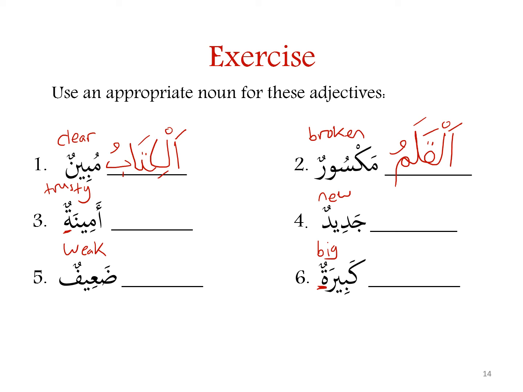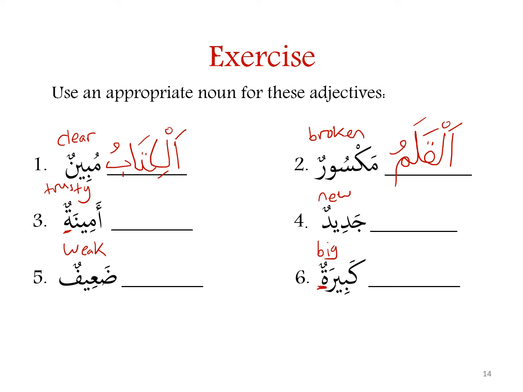Aminatun. So this word trusty is usually used as a human characteristic or a human attribute. So I'm going to look for a word here that's ma'rifah, definite. That's a human. But I've also got to keep in mind that it's female or feminine in nature.